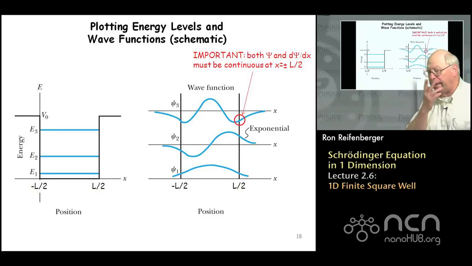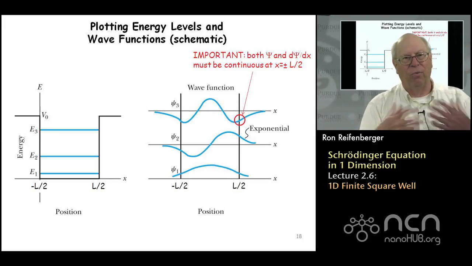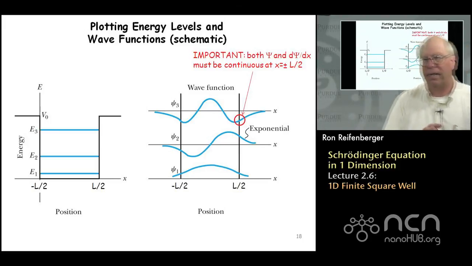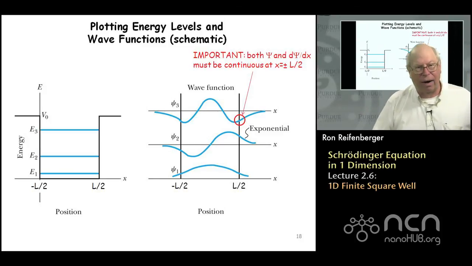So if you go back and remember the discussion about probability densities and the probability of finding an electron in a certain region of space, you would have to square these wave functions and then multiply the square of that wave function by the width delta x of a certain region in space, and you would find that there's a non-zero probability.